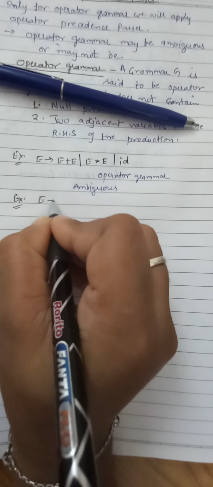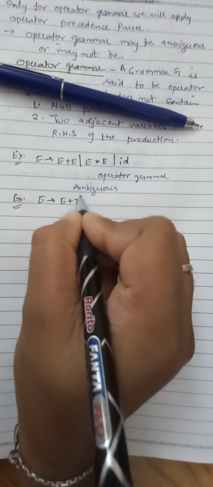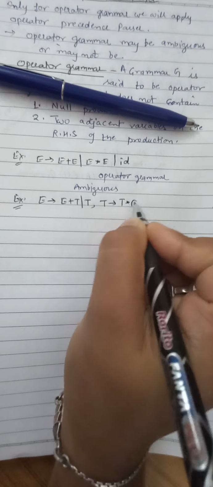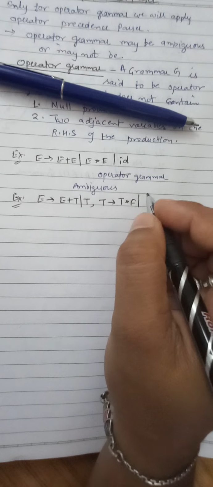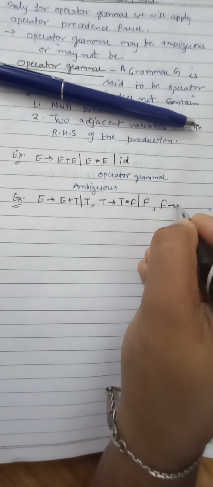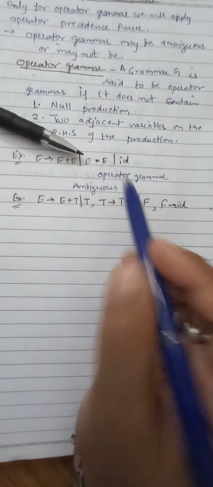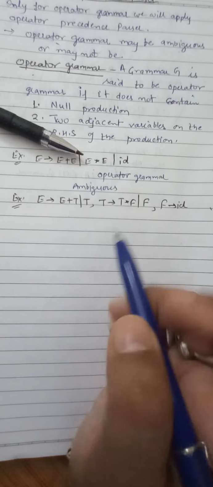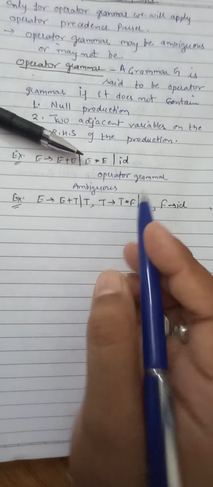Now take another example. Suppose E tends to E plus T oblique T, T tends to T star F, and F tends to ID. This is also operator grammar because there is no null production, and an operator is in between.